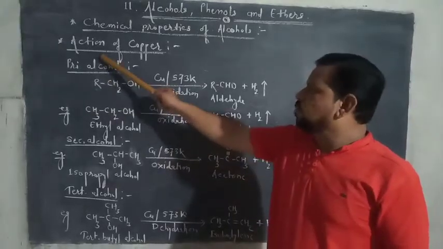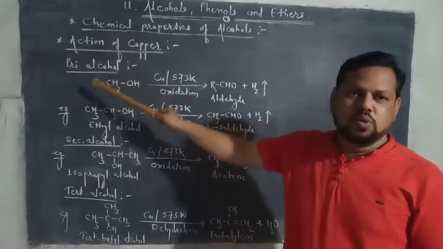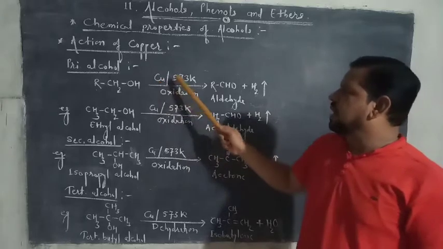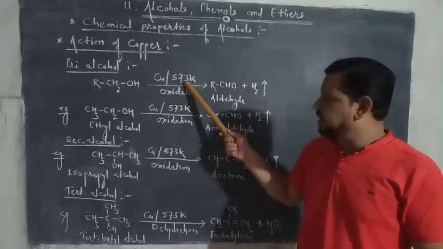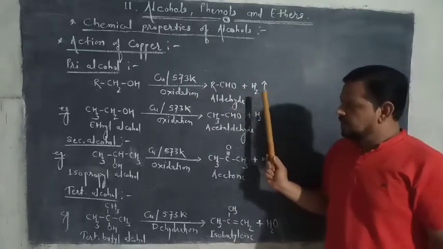Then next property, action of copper. See here, first primary alcohol. Primary alcohol is heated with copper at 573 Kelvin temperature, then it gives aldehyde with the liberation of hydrogen gas.